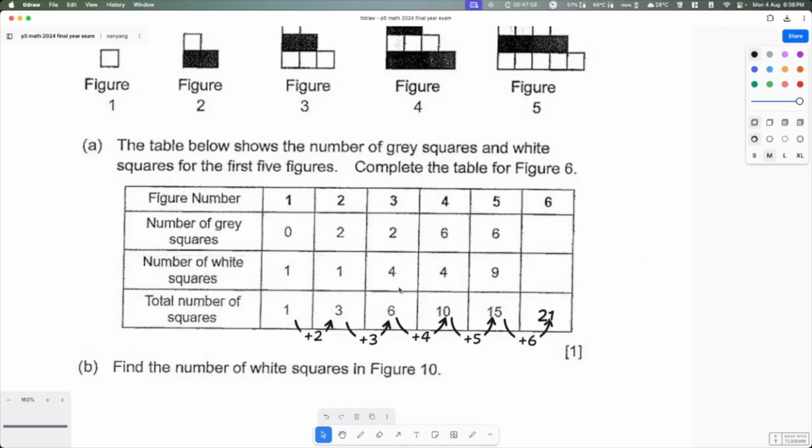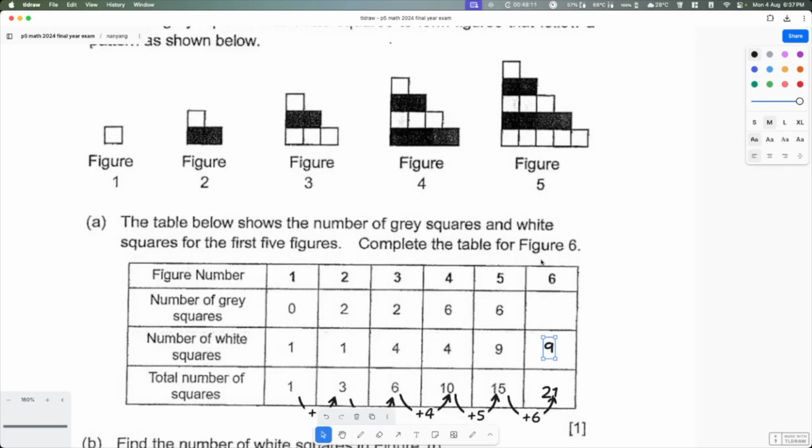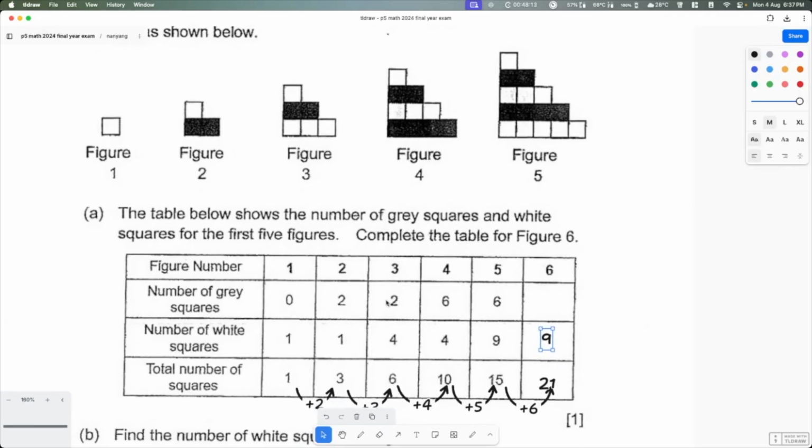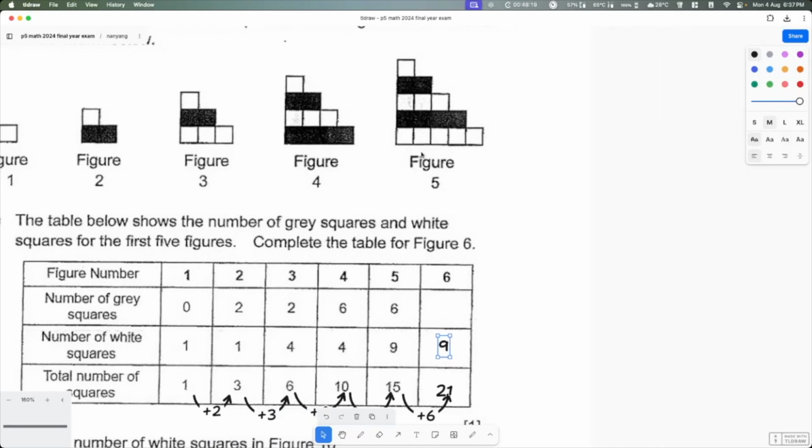Now the next one: we have 1 and 1, 4 and 4, 9. This should be 9 also. For figure 6, this is plus 4. If you look at figure 5, the number of gray squares is 1, 2, 3, 4, 5.